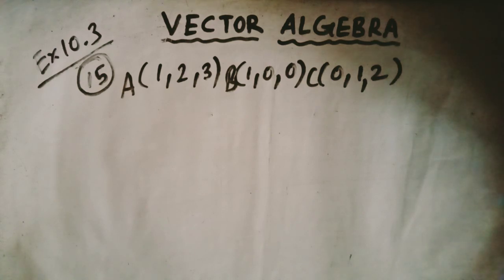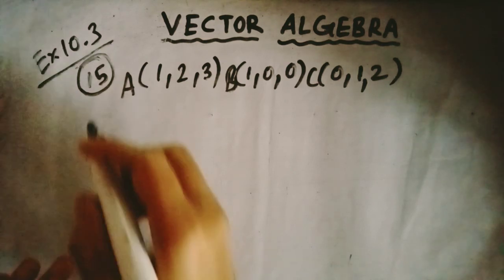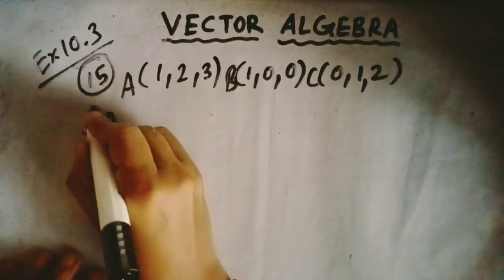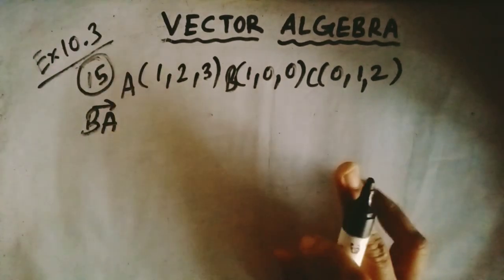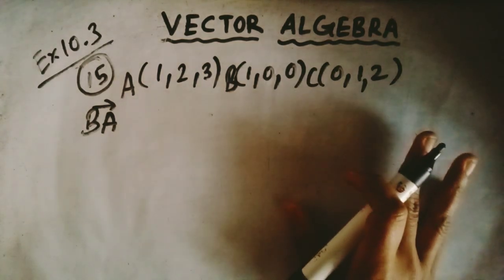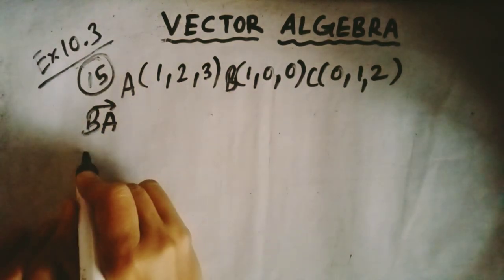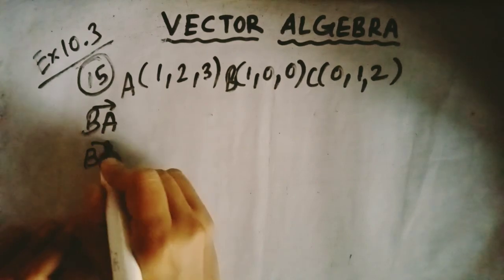Angle ABC, okay, BA and BC you have to find. So first you find out your vector BA. You have to make use of finding angle between the two vectors. So first you find out the vectors BA and BC.